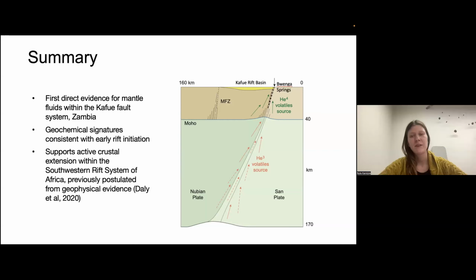Yeah, I do think there is essentially lithospheric thinning happening, and there are other geochemical studies that show evidence that along some of these faults the lithosphere is thinner.